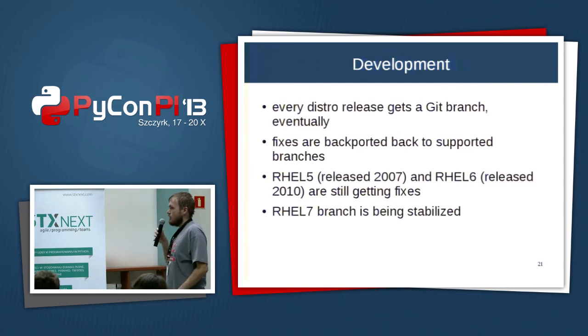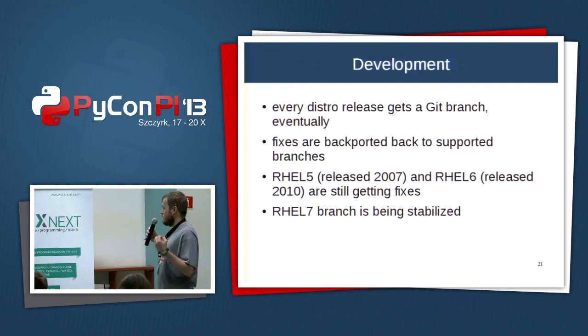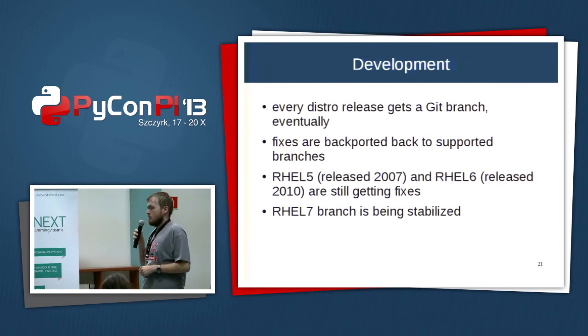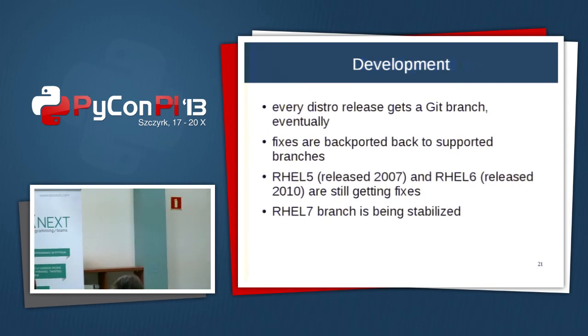So we are currently supporting the RHEL 5 and RHEL 6 Enterprise Linux releases, and we are still fixing bugs in them. For example, RHEL 5.10 was recently released and is still supported.